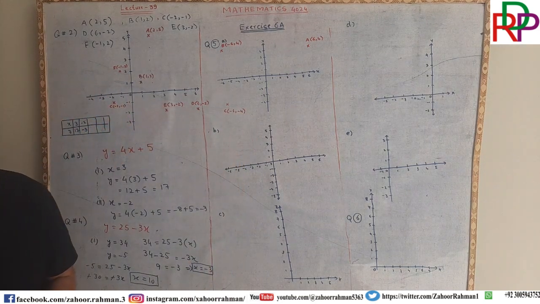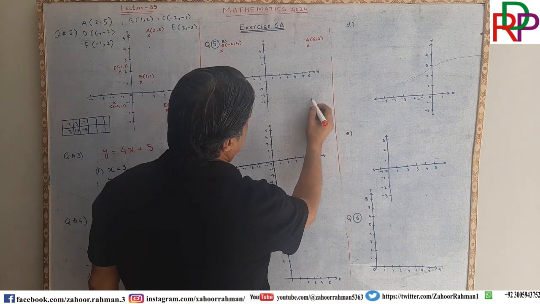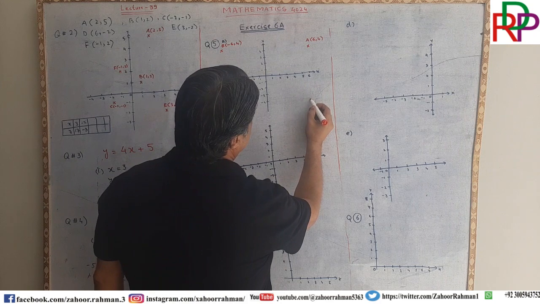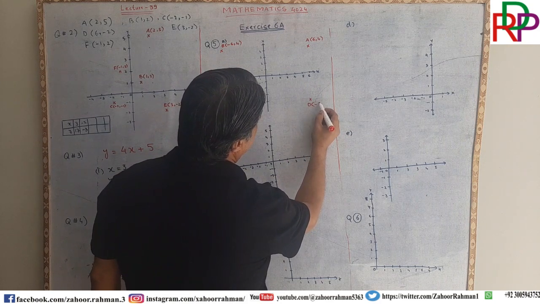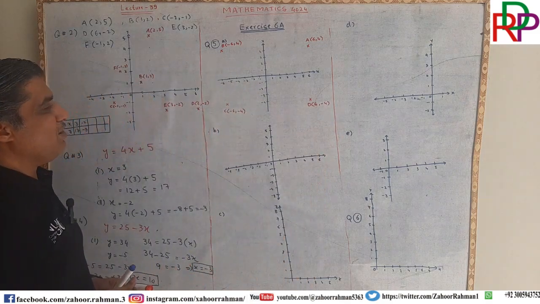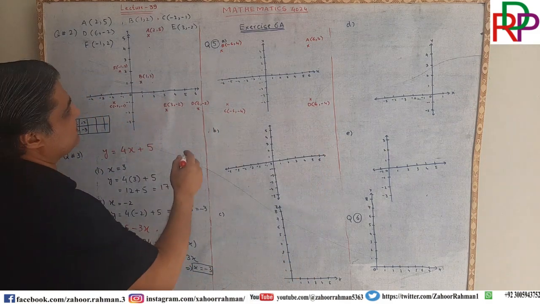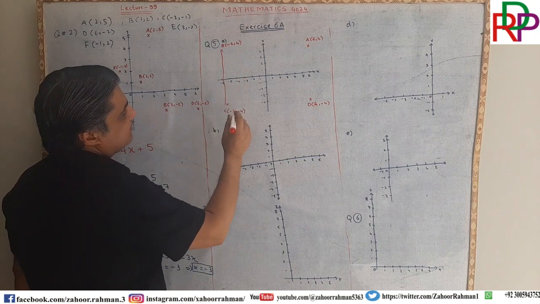Now the next point is 6 minus 4. So 6 minus 4 will be somewhere here, that is D point, 6 and minus 4. Now we have to join these points by a straight line.